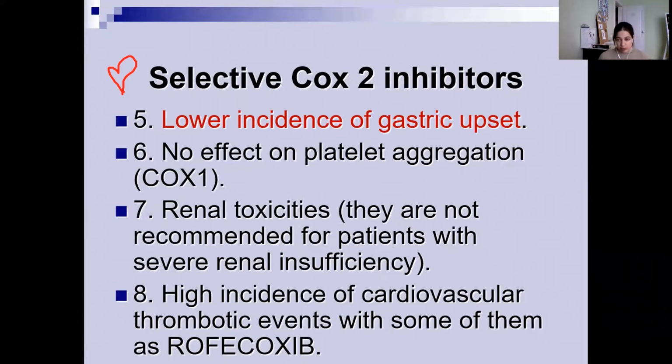Also, they have no effect on platelet aggregation. They have renal toxicities and a high incidence of cardiovascular thrombotic events, with some of them used as prophylactic. Actually, some clinical trials were made about this question, and they didn't find a really big cardiovascular risk in the prophylactic use. So this is not proved.